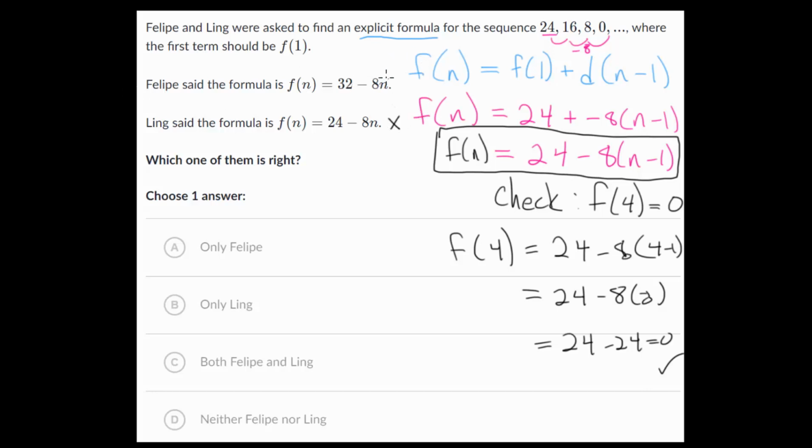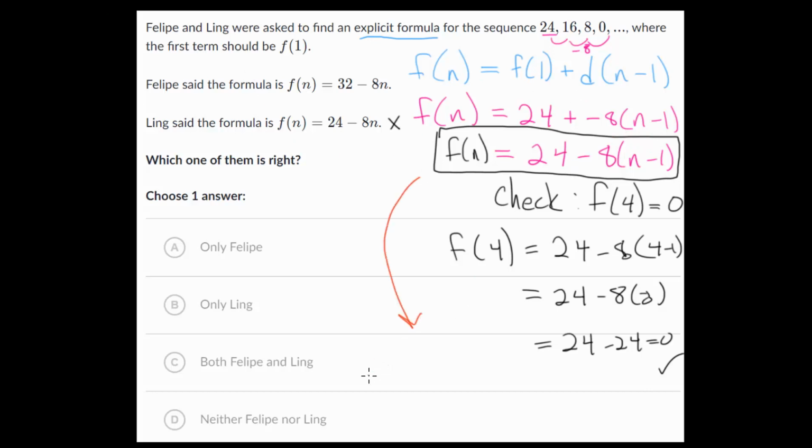It does look different than ours, but Philippe is subtracting 8n rather than subtracting 8 times n minus 1. And sometimes with these formulas, it makes sense to distribute this common difference to the n minus 1 term. So let's do that and see if we can recreate Philippe's formula.